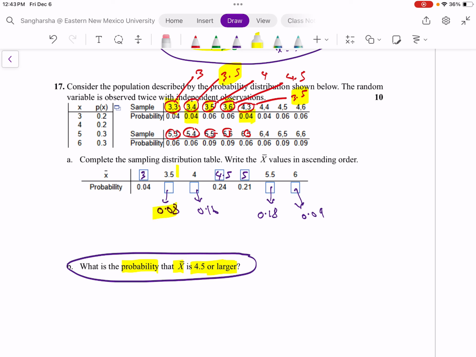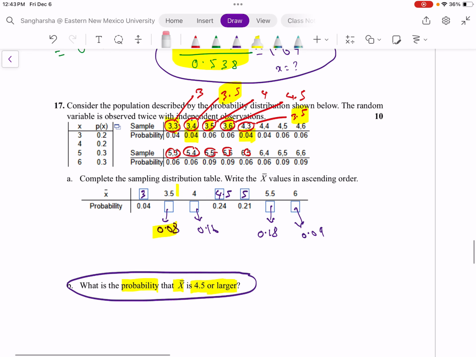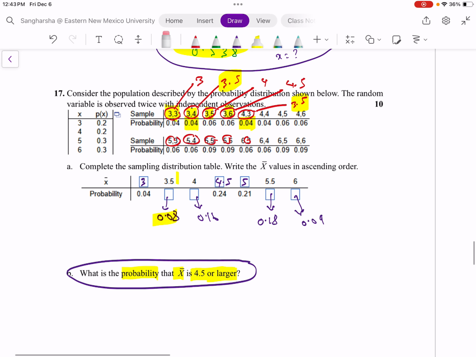And why do you need that left table for? You mean this table? Yeah. Okay, this table, for this question you may not use this one, but if you are asked to find mu or sigma, you're going to use this table. This is for the population.